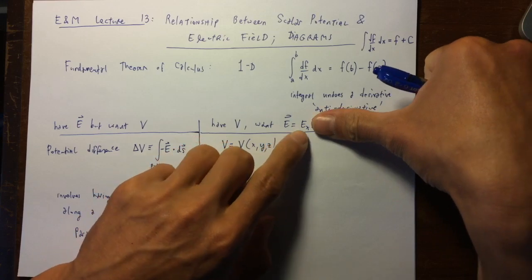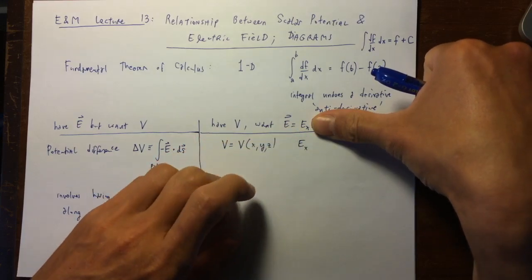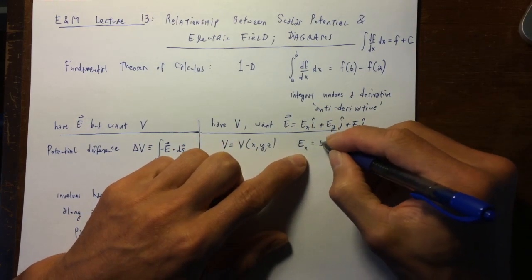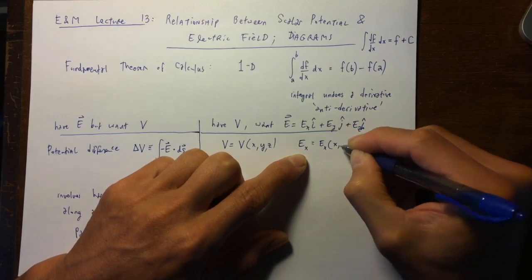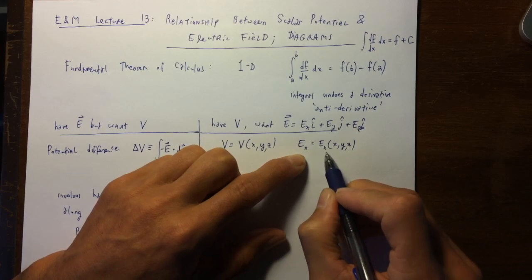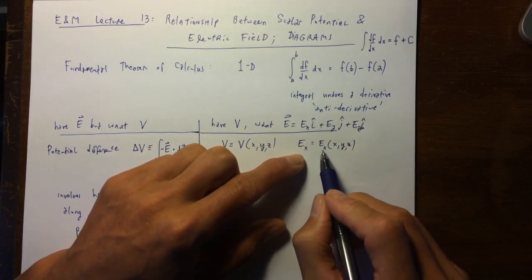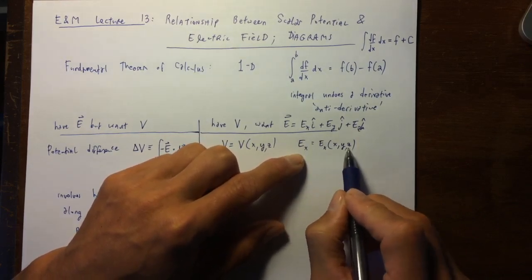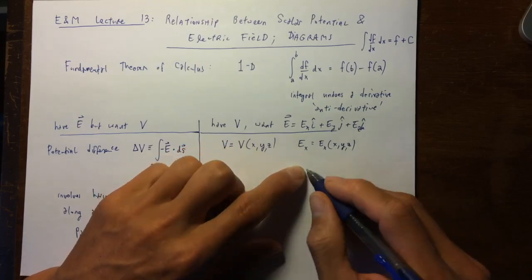Ex is a function of x, y, and z. So this is in general a function of all three coordinates, even though it is just the x component of the electric field. The x component of the field vector can vary through all three coordinates.